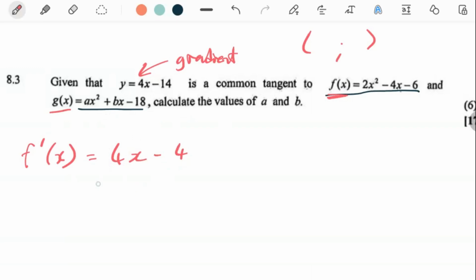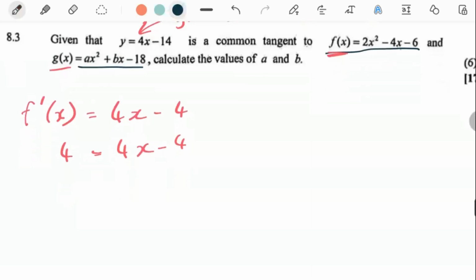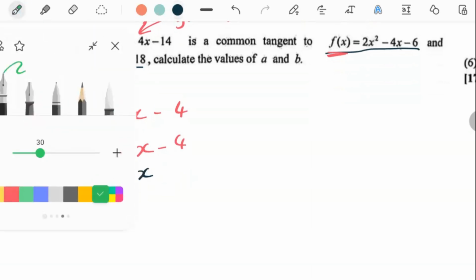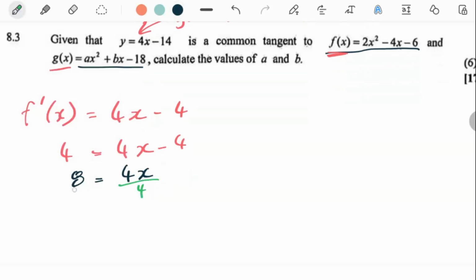That's the first derivative. If you make the gradient 4 here, we can now work out x. This goes to the other side, that's 8. Divide both sides by 4, and this is a 2.